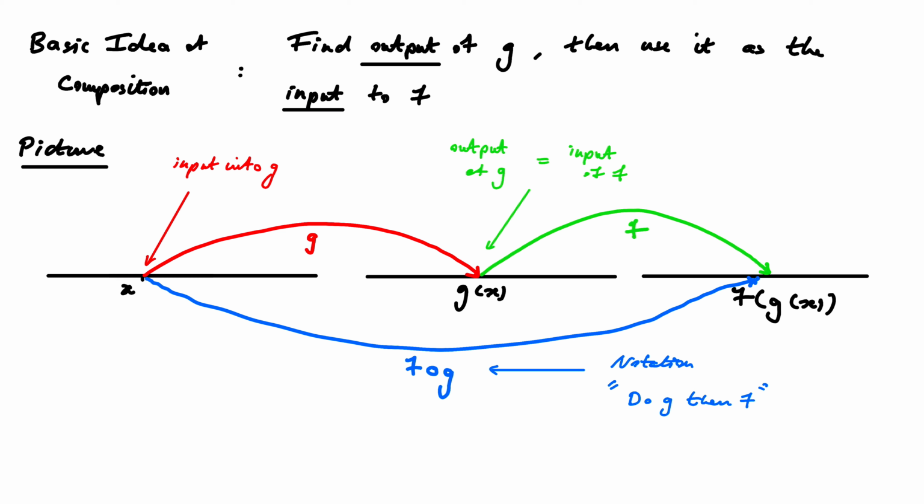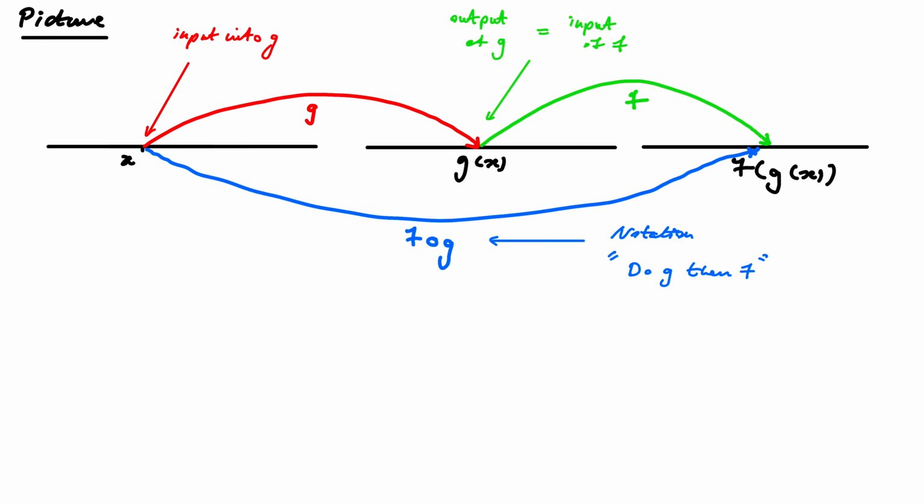So let's write all this down carefully as a definition. Or at least let's come up with some terminology for it. So definition. When I've got these two functions, this f circle g, we call this the composition of f and g.